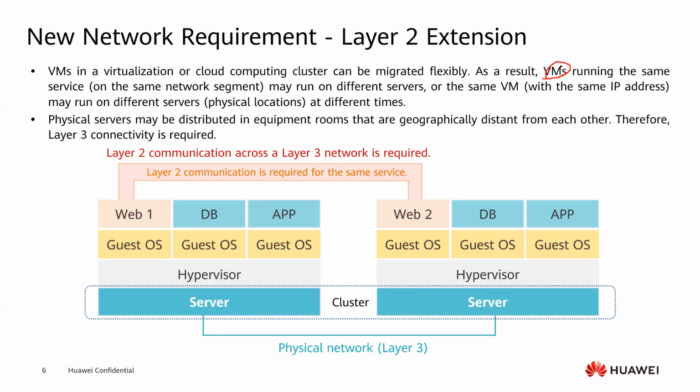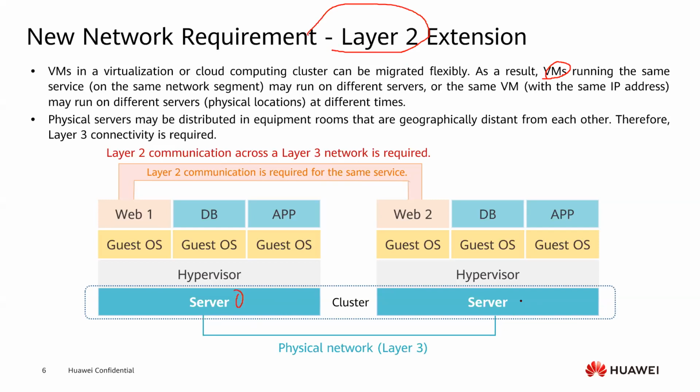If the virtual machine's IP address and MAC address do not change, then before and after the migration the virtual machine should belong to the same Layer 2 network, because its IP address and MAC address do not change.